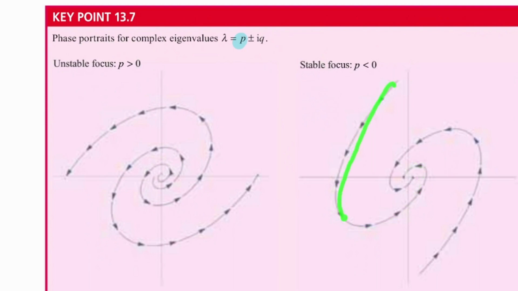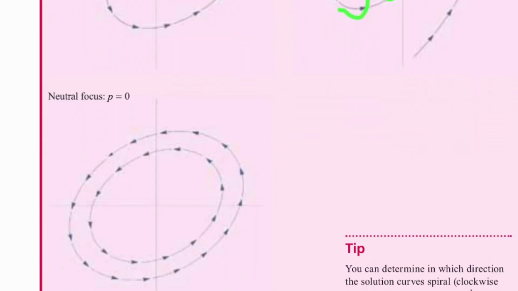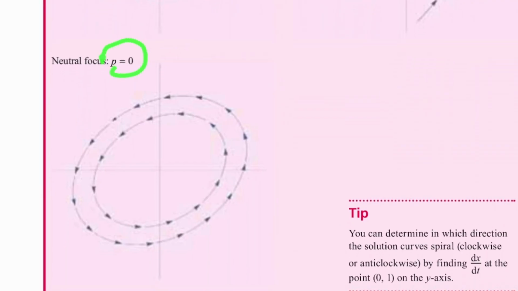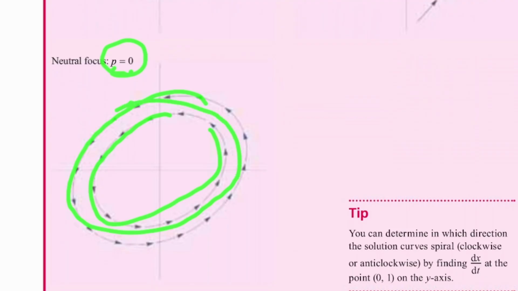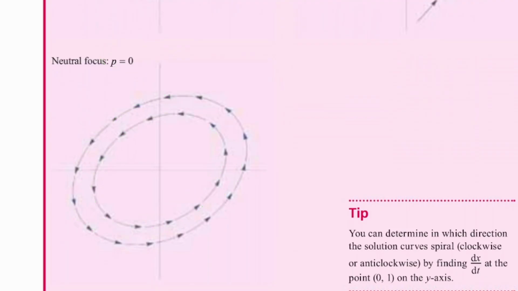They are coming towards the origin. Okay, so 2 trajectories will be enough for us. They are coming this way. Okay, if there is no real part, it's turning around the origin, the focus, we say. Okay, it's called neutral focus.